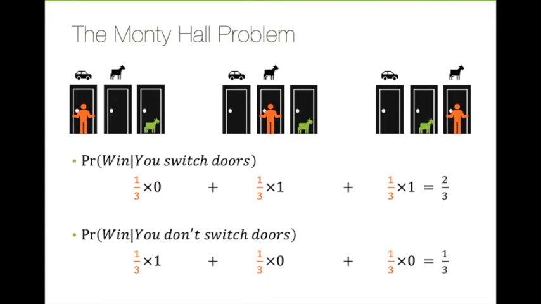So in each of these circumstances shown at the top, you'll see the car is behind the far left door. The orange figure in these 3 diagrams represents the door you randomly choose. Door 1 in the first one, door 2 in the second, door 3 in the third. Since you randomly choose the door, and the 3 choices of the doors are mutually exclusive, right?